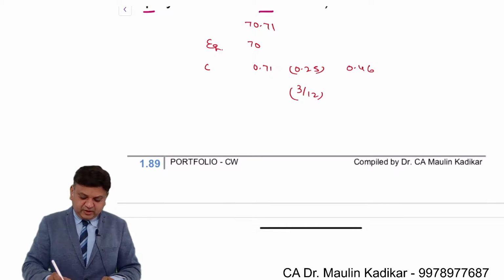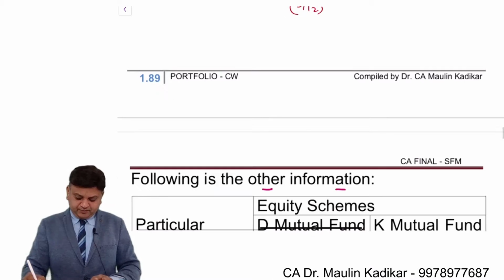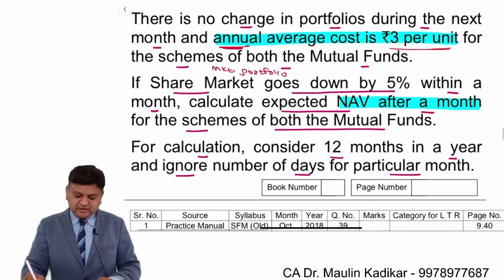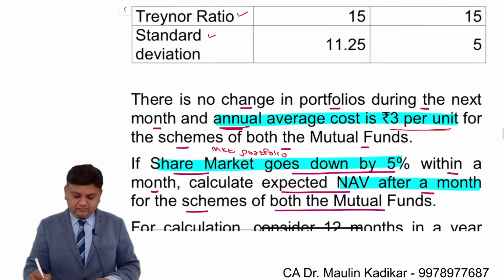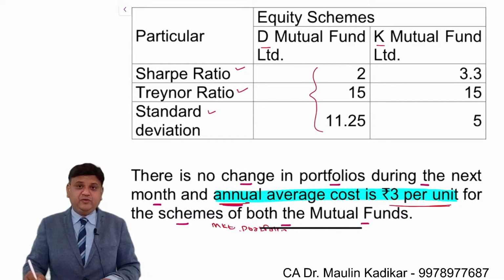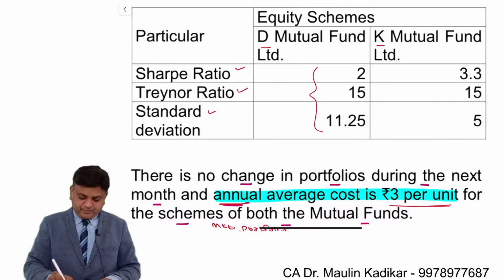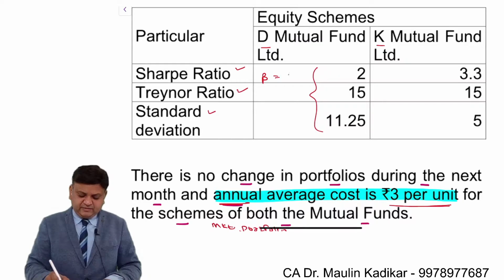Now we are required to compute the change in the equity valuation. The question says the market portfolio has gone down by 5%. From this information, importantly, we are required to find beta. What is beta? I do not know yet. Suppose after making the calculation, we find the beta value is 2.